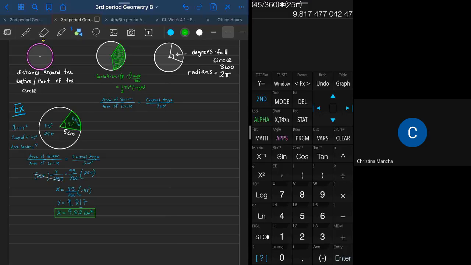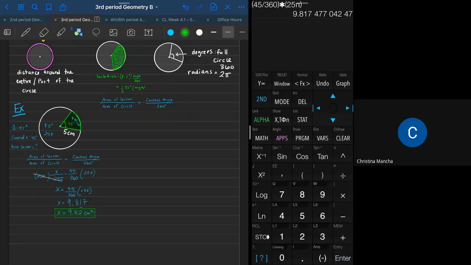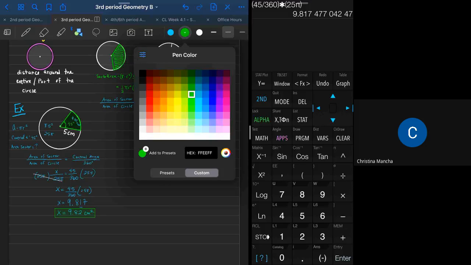And so remember that the circumference is 2 times pi times radius. Okay. And so this here was to do the sector area.